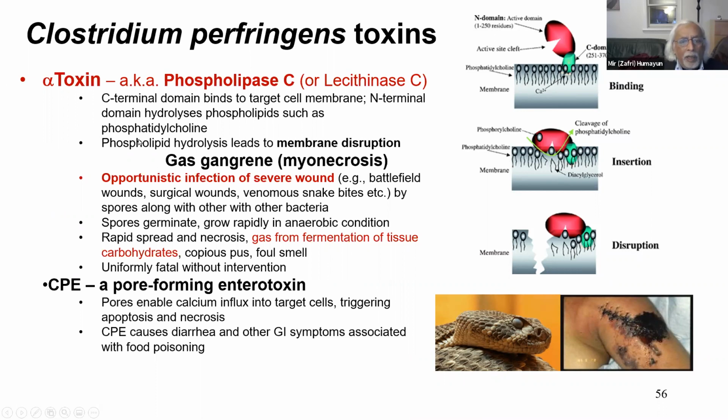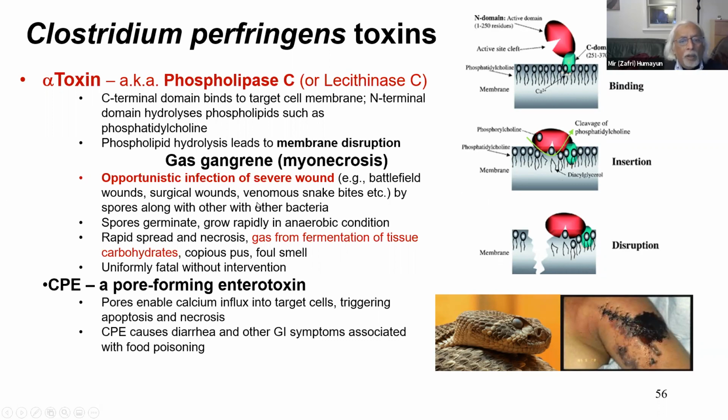And this hydrolysis leads to membrane disruption, and that leads to a very serious condition called gas gangrene that starts an opportunistic infection by not only Clostridium perfringens, but also other bacteria that invade the cells that have been permeabilized.